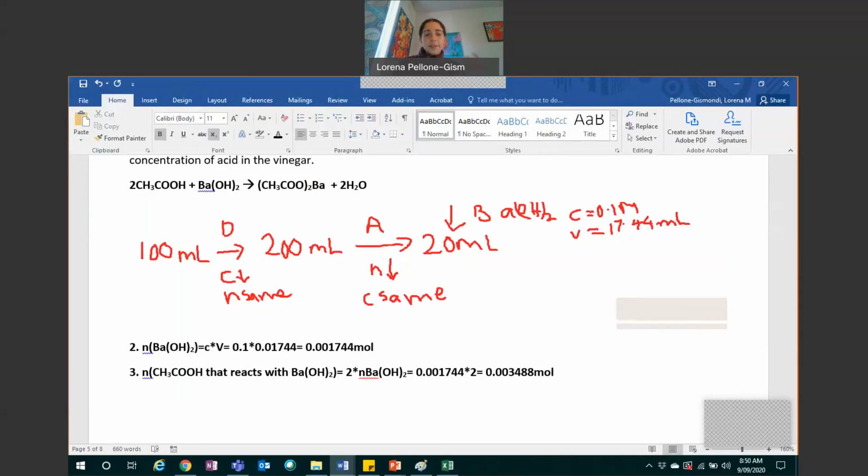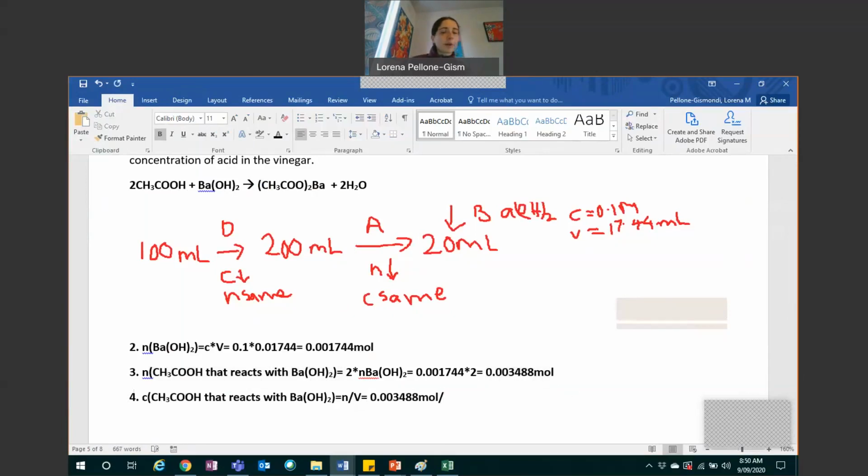Now, step 4 is work out the concentration of your unknown. But actually, let's do that. Yeah. So the concentration of ethanoic acid that reacts with the barium hydroxide equals moles over volume equals this many moles over.